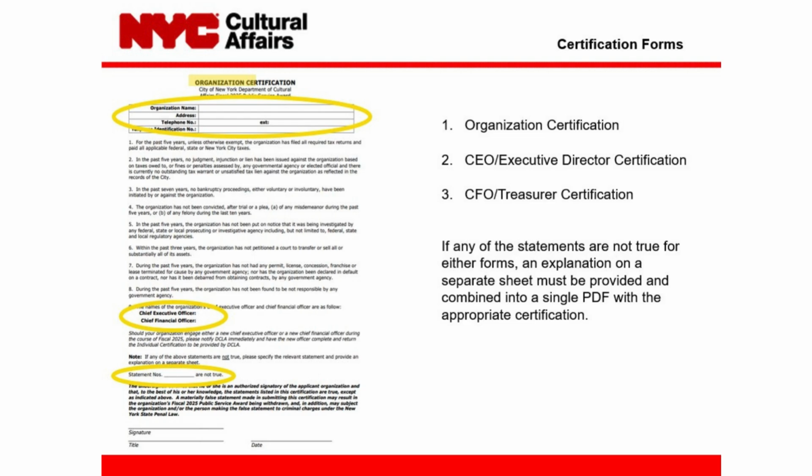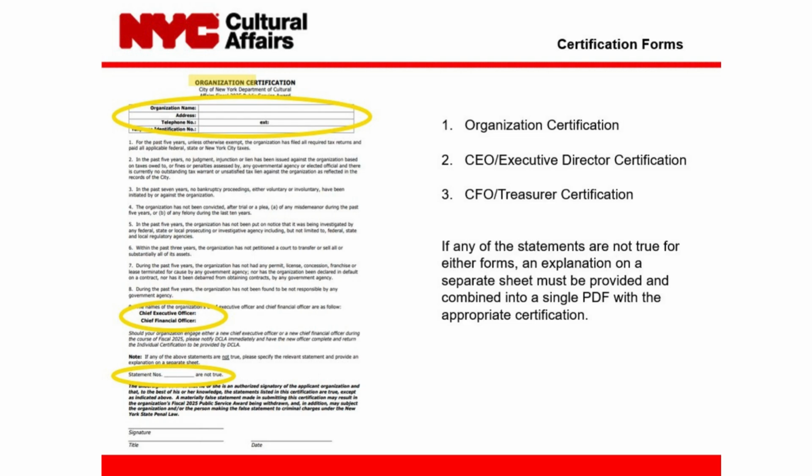If this is the same person, please list their name under each. If any of the 9 listed statements are not true, an explanation on a separate sheet must be attached to the organization certification, and the 2 together should be uploaded as a single PDF to the organization certification field.